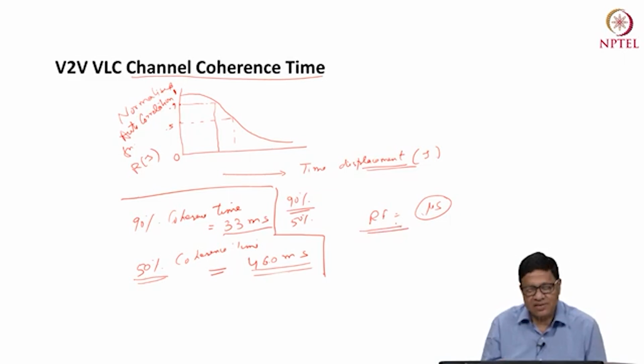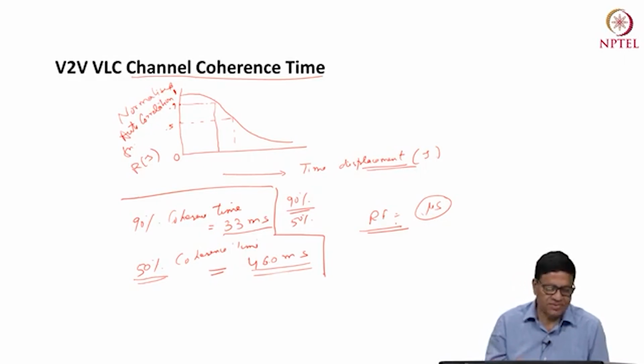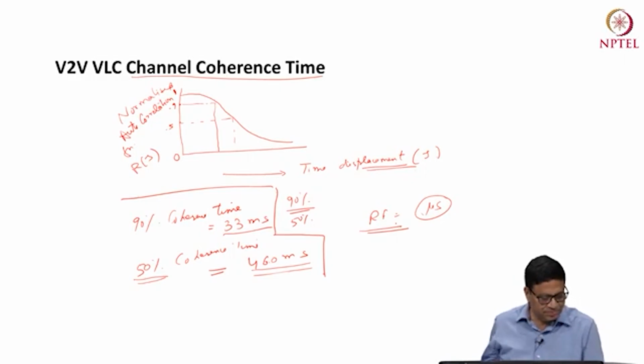But this is for line of sight communication in these two examples. So this is very important. If you have a longer coherence time, the estimation requirement is relaxed. You require estimation after a long interval, which reduces the overhead and increases your throughput.